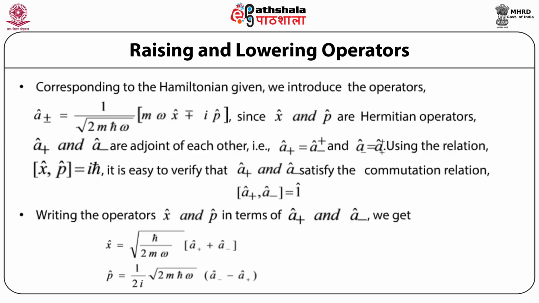Similarly, the momentum operator p is given as 1 upon twice iota times under root twice into mass into h cross into the angular frequency, times within brackets the lowering operator A minus minus the raising operator A plus.